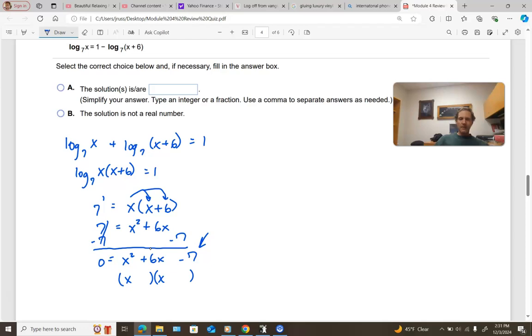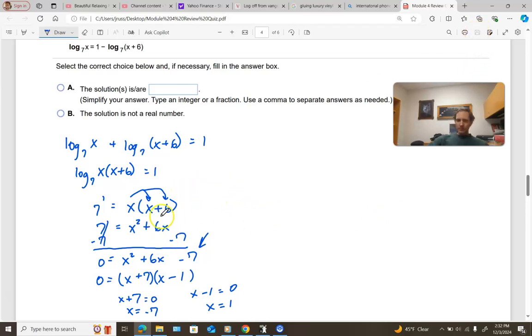Factors of negative 7 that when combined would give me a positive 6, or a positive 7 and a negative 1. And so if I set each of these factors equal to 0, the way we've solved so many of these, I will get that x is equal to both negative 7 and positive 1.